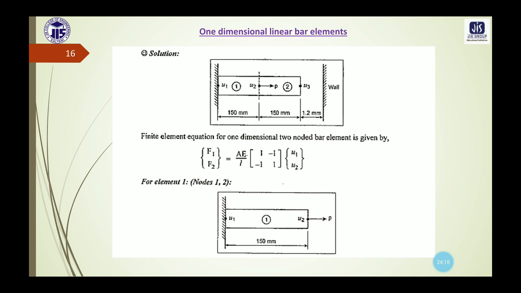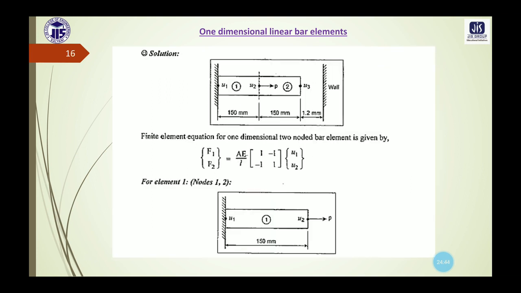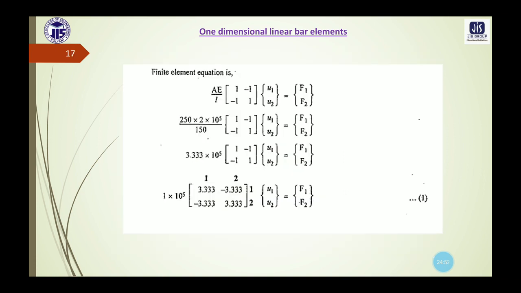Now corresponding to the two different elements and their nodes, we need to write the equation accordingly. So for the first element, you can write A1 E1 by L1, multiplied by the symmetric matrix and multiplied by U1 U2, because this element 1 has the nodal displacements U1 and U2. This is equal to the force vector, the column matrix of F1 F2.